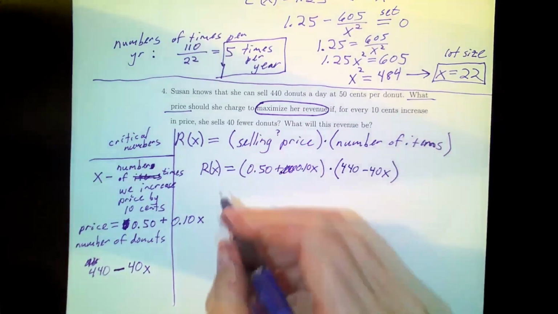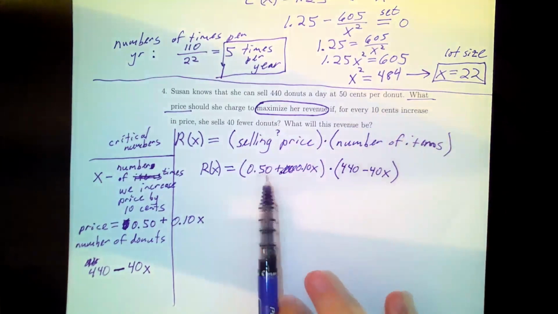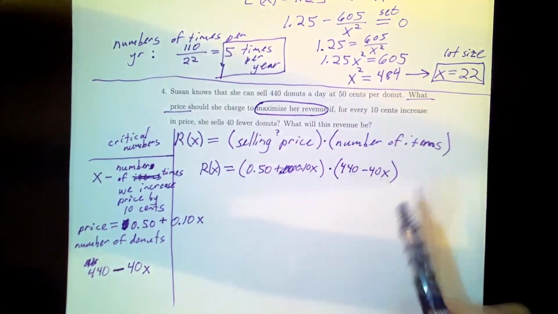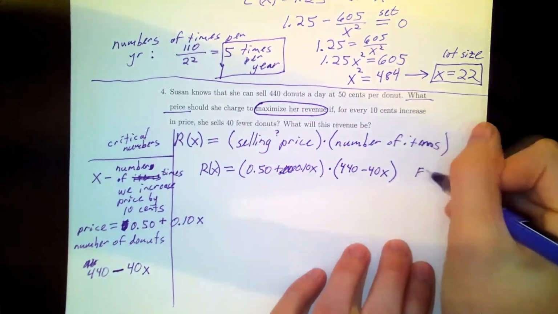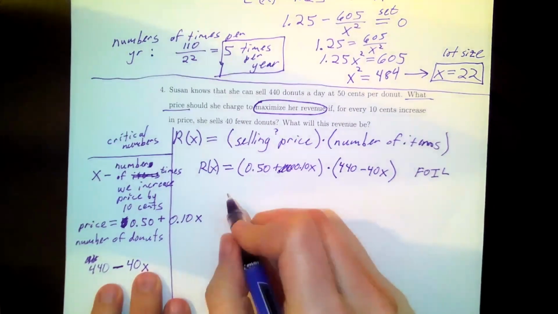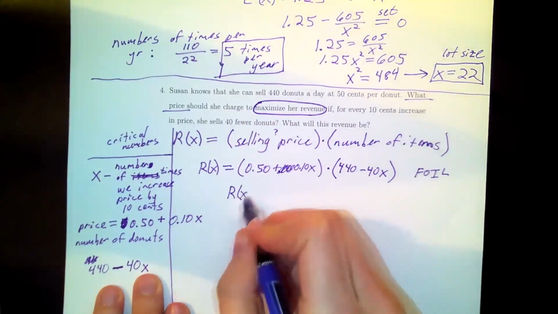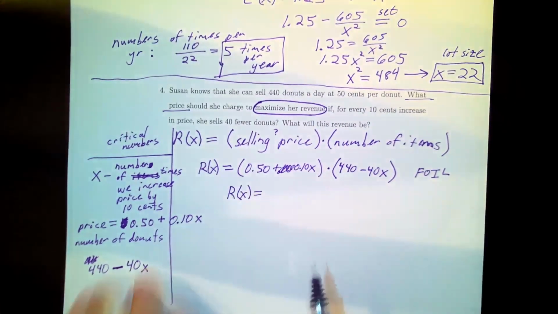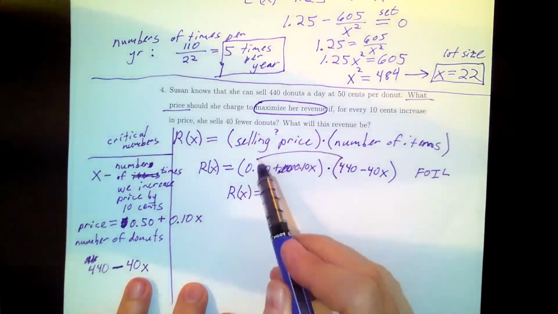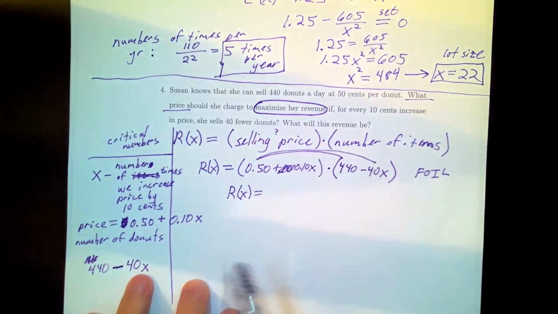Now this is a classic binomial times a binomial, 1, 2 times 1, 2. So you'll want to FOIL this, distribute it, and collect like terms. We ultimately want a nice revenue function. So let's take this 0.50 and multiply it by the 440 and the 40x.